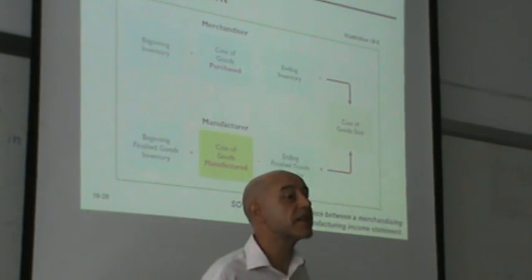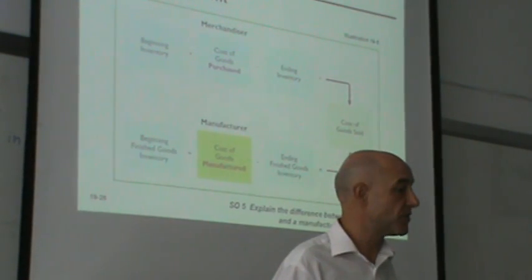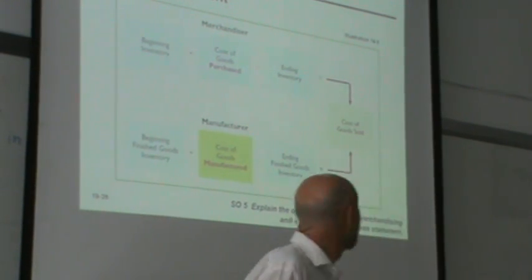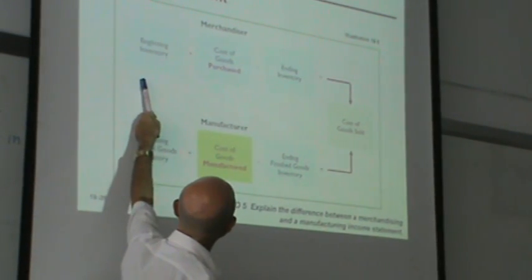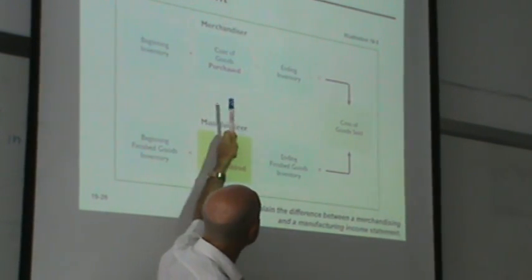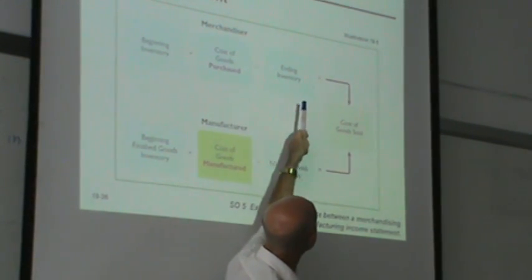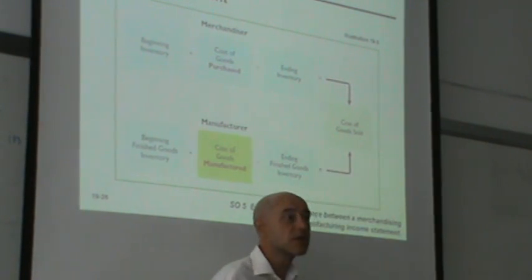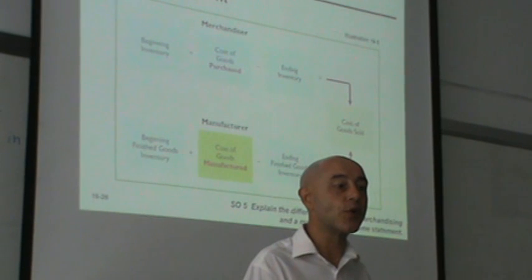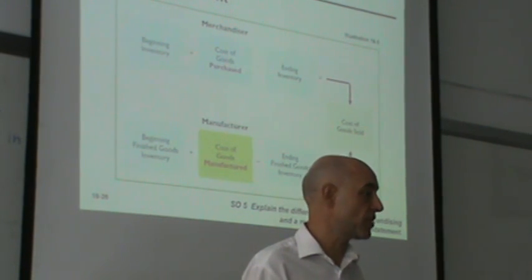Okay? We're going to get many examples of this coming down the road. But you always remember that beginning inventory plus what you purchase or what you manufacture becomes ending inventory and cost of goods sold. This is a general formula for all of accounting.